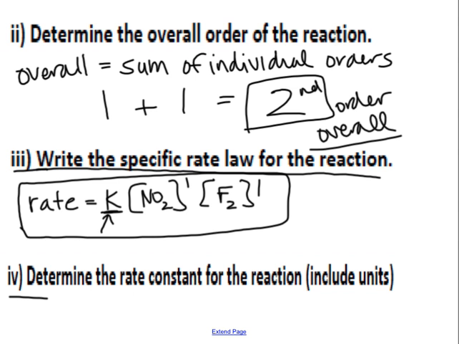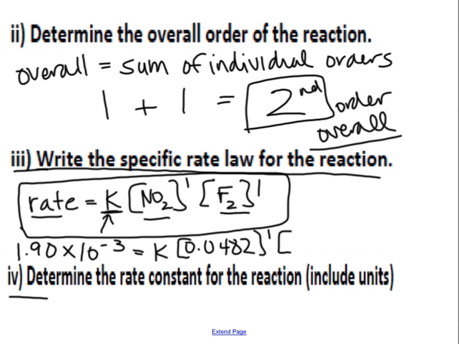But if we want to actually calculate K, what we're going to do is just pick any of the three experiments, plug in rate, the concentrations, and raise them to the appropriate orders and solve for K. So with this first one, I always take experiment 1 for ease. I suggest you do as well, because on the AP, they typically use experiment 1 for their key. It's not required, but if you did your problem right, they should all come out pretty dang close.